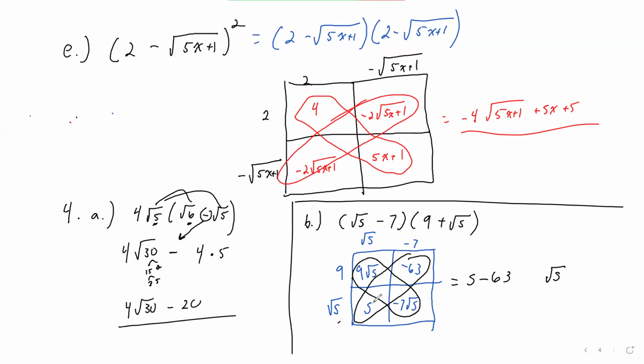But can I still combine them? Yes. Since the radical, the index and the radicand are the same, I can add those coefficients. Correct. Yeah, the diagonals here, you're adding. Every time we're adding diagonally. So in this case, what's 9 plus negative 7? 2.